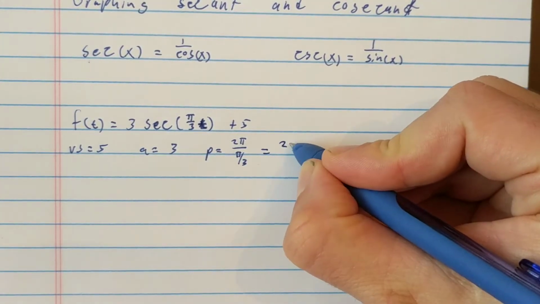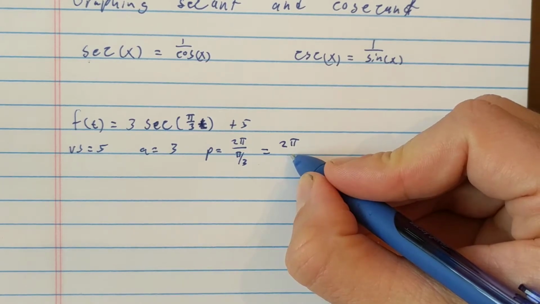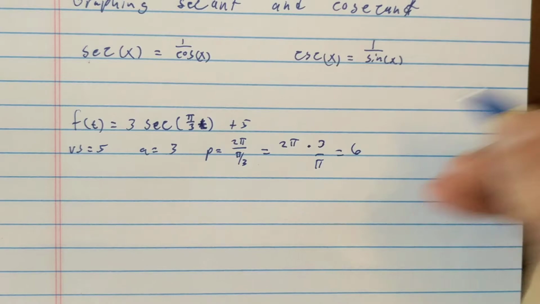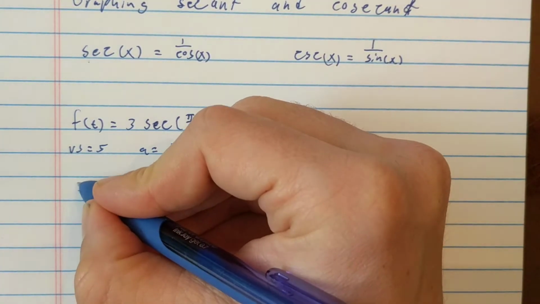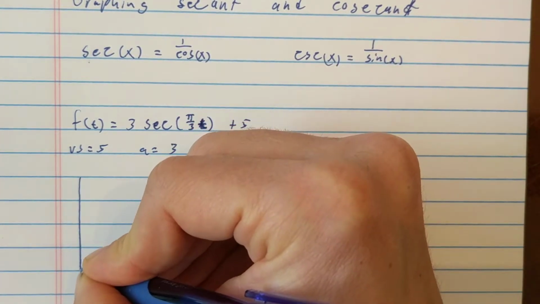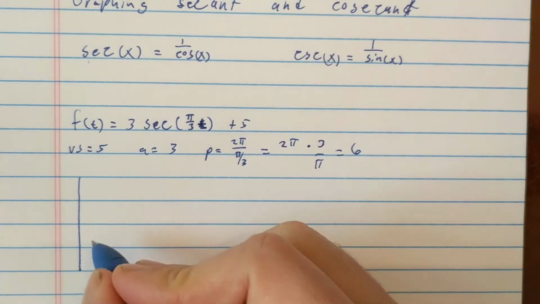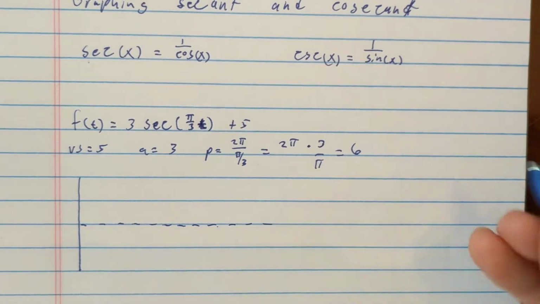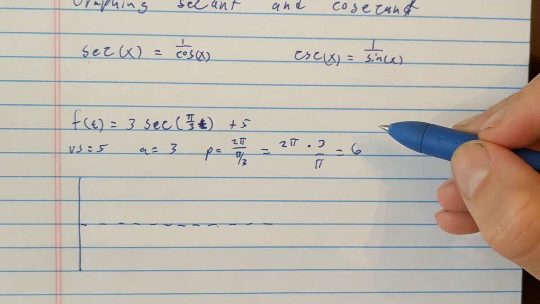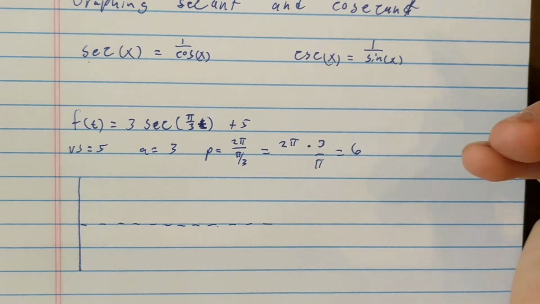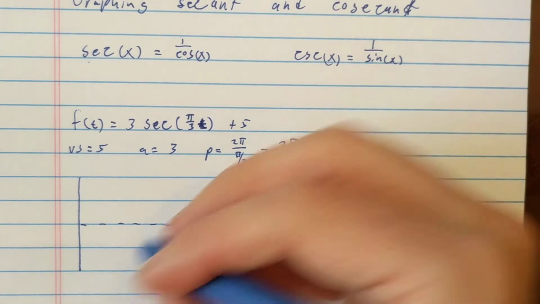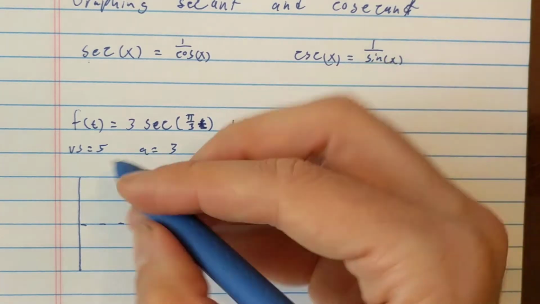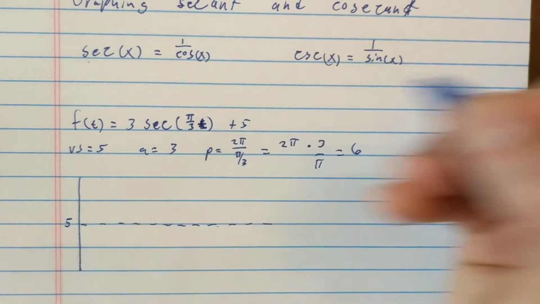This gives us 2 pi times 3 over pi, which is in fact 6. So if I were to graph this, I'm going to do a nice long vertical axis, and here's our horizontal axis. Let's label our vertical axis first. Our vertical shift is 5, so that's easy.